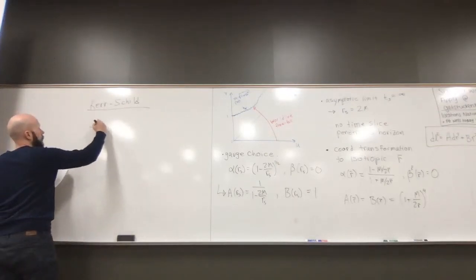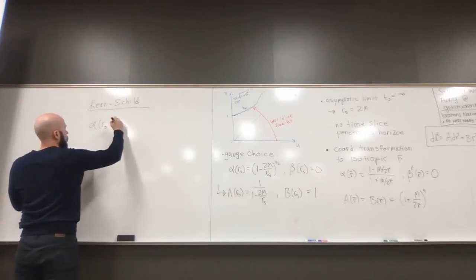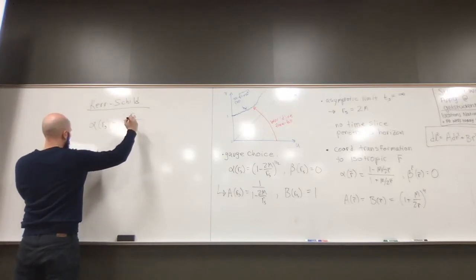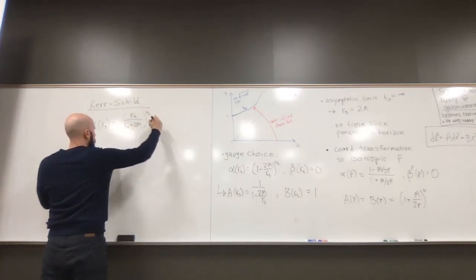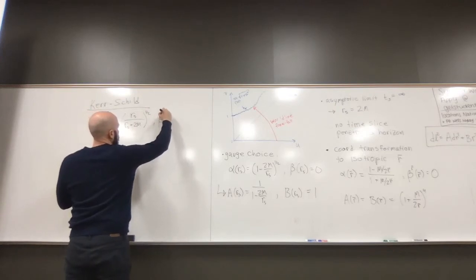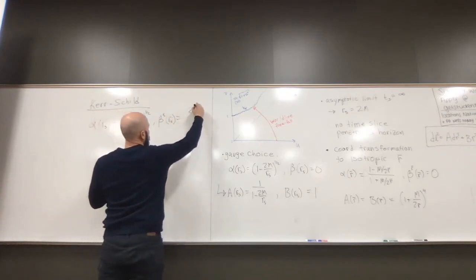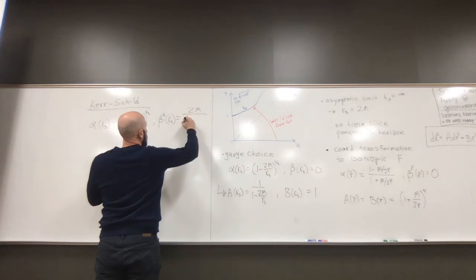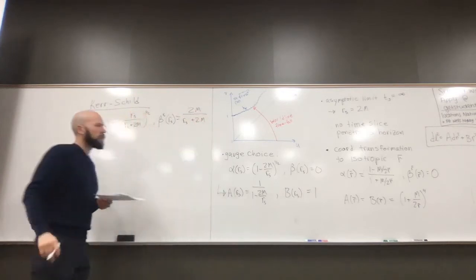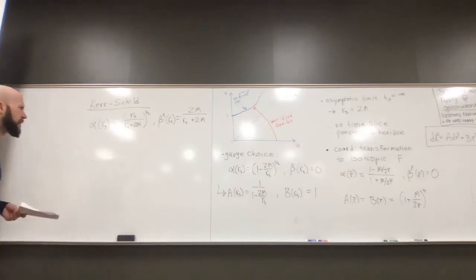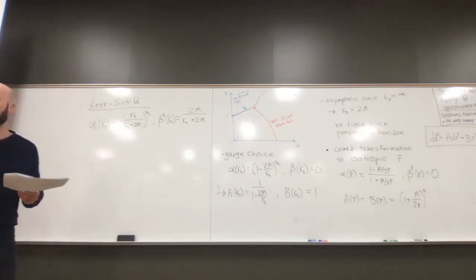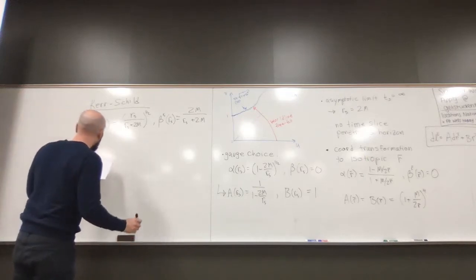So here, my lapse as a function of the Schwarzschild radius is going to be equal to the square root of rs over rs plus 2m, and beta in the rs direction as a function of rs is going to be equal to 2m over rs plus 2m. We even did this coordinate transformation before. It's in the beginning of Baumgarte-Shapiro. So this transformation to Kerr-Schild gets around the lack of horizon penetration.